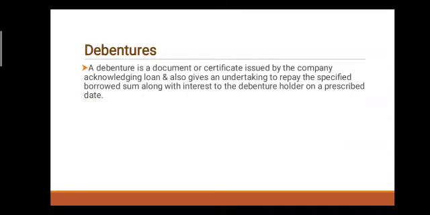Debentures. A debenture is a document or certificate issued by the company acknowledging loan and also gives an undertaking to repay the specified borrowed sum along with interest to the debenture holder on a prescribed date.